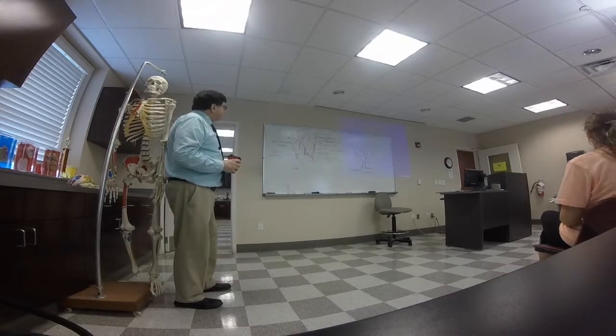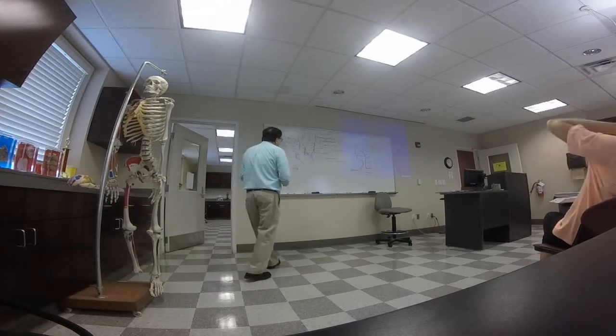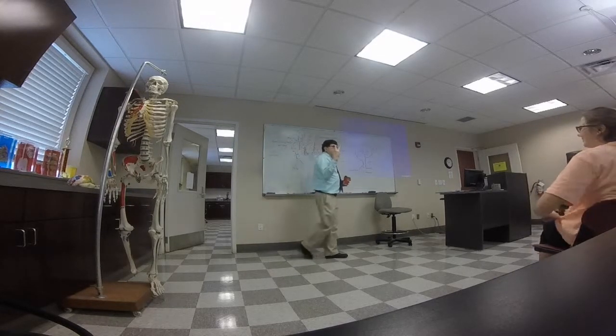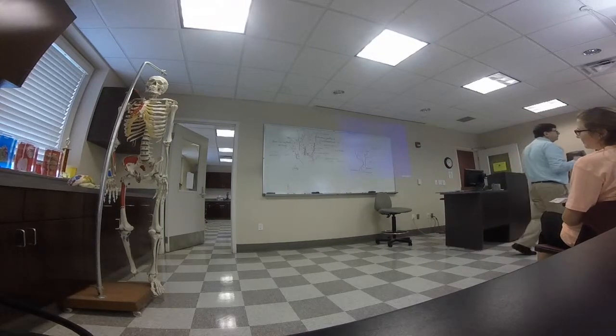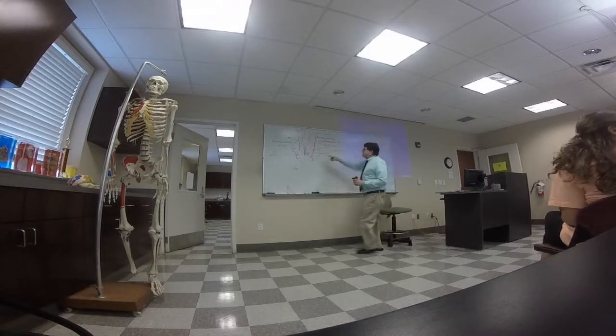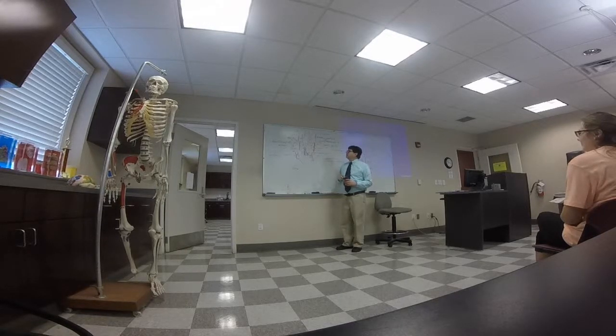All right. So, let's go over this. We talked about the ascending aorta, 2 branches. Left coronary and right coronary. Then we said the next component of the aorta is the aortic arch. And it's got 3 branches. Brachiocephalic, left common carotid, left subclavian.